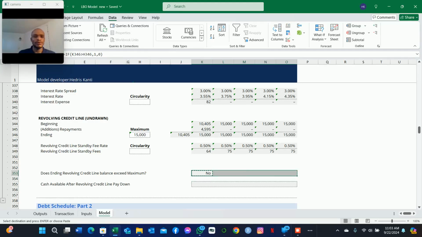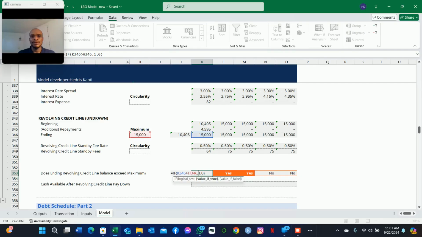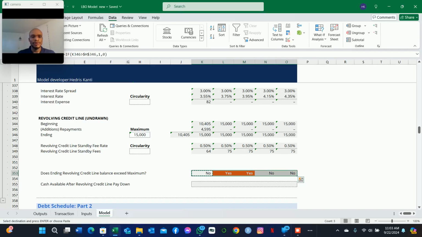So in this case we have it set up there as a no. We always want to make sure that we are referencing that cell with F4, so we're always referencing that cell. We can copy this across.